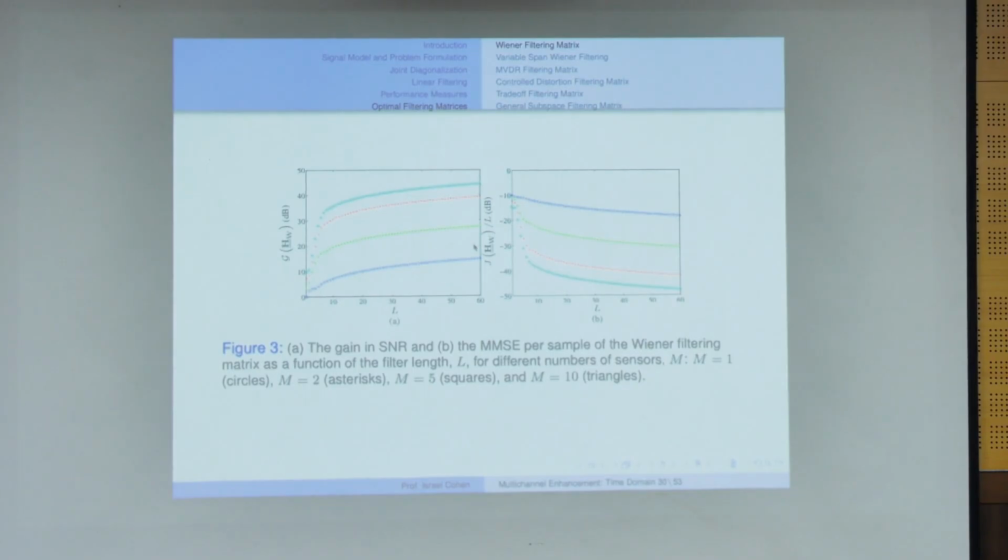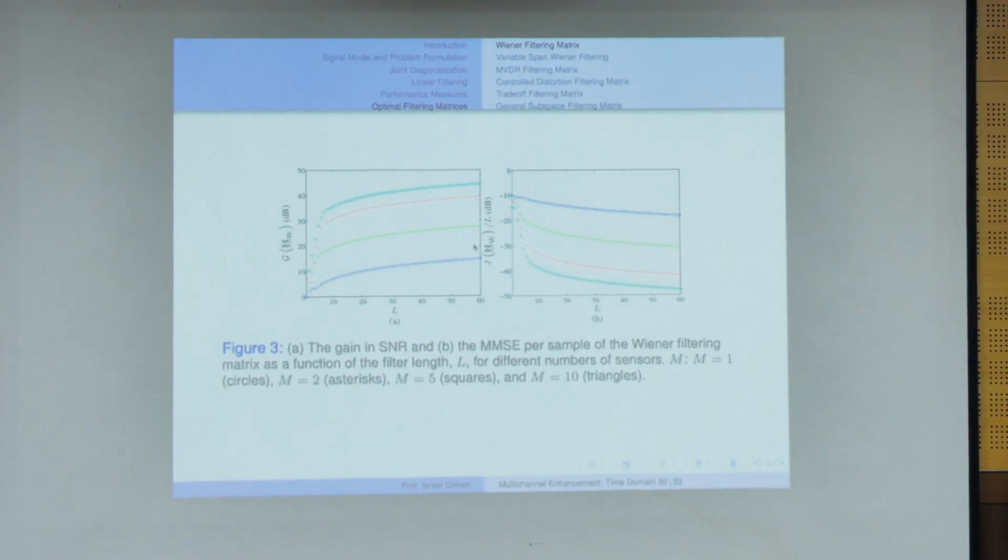So the effect of increasing the number of sensors is much more than taking more samples from each sensor. So increasing the number of sensors is much more important than increasing L. We want to use more sensors.